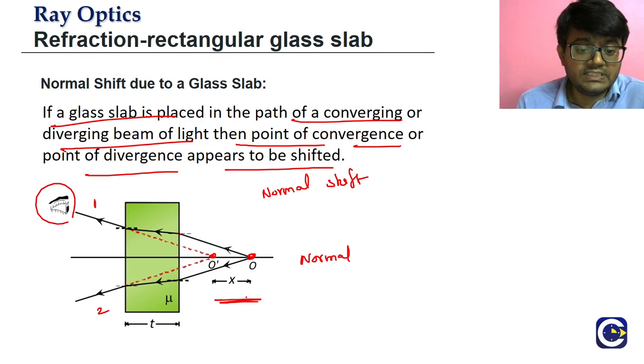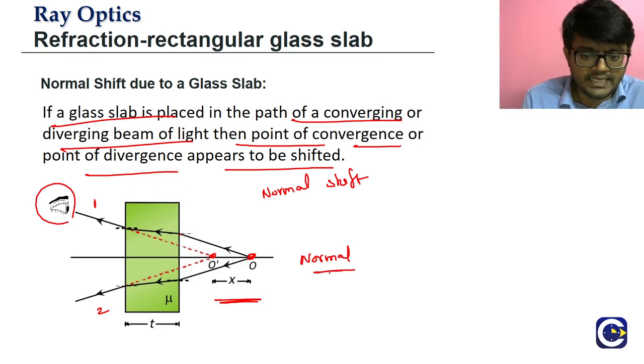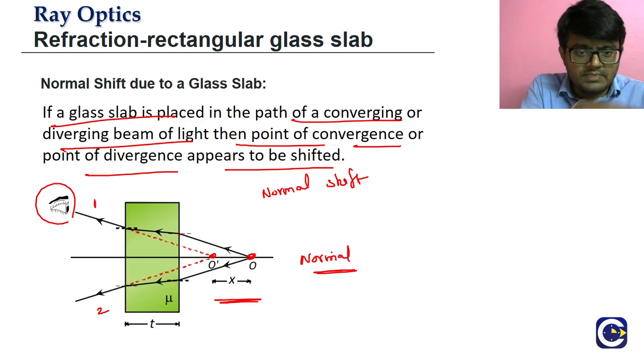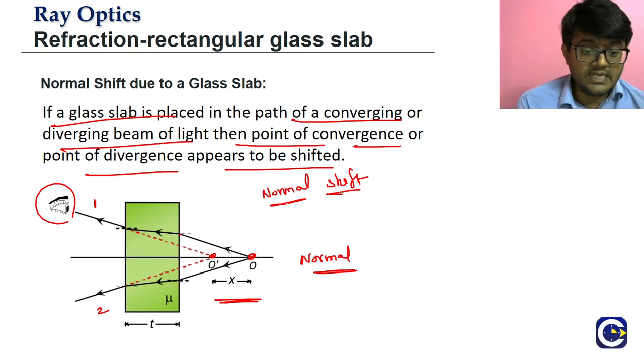So this shift is happening along the normal to the rectangular glass slab. This is the normal line, right? The shift happening along the normal is what is called the normal shift. Normal shift will come when either a beam of converging rays or diverging rays is incident on the rectangular glass slab.